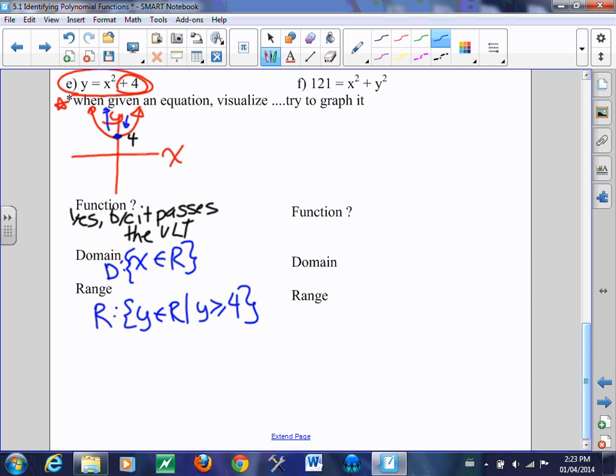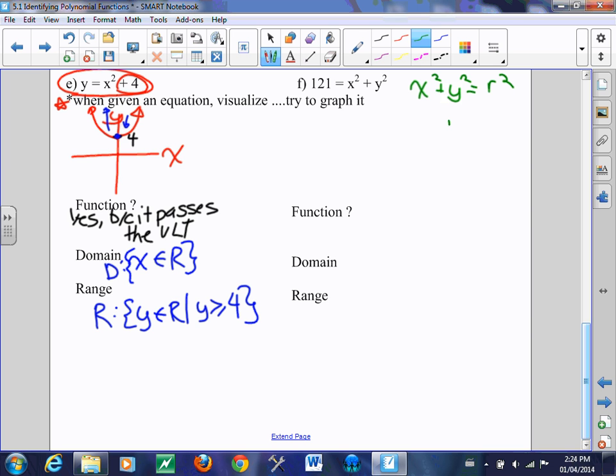Great. Okay, last equation. This is a tricky one. It's got x squared plus y squared, and it's equal to 121. Hopefully you recognize that from the formula x squared plus y squared equals r squared. That's the formula for the circle.